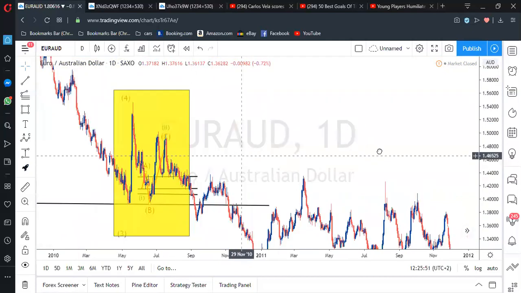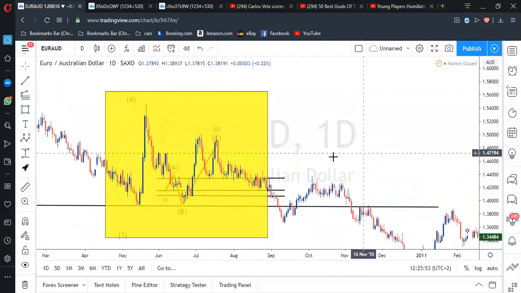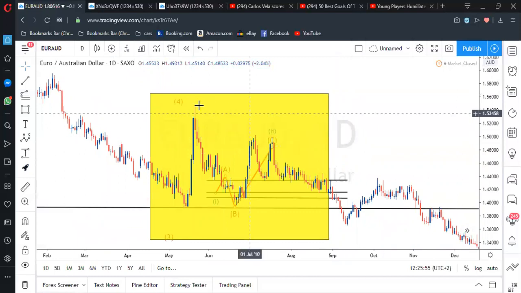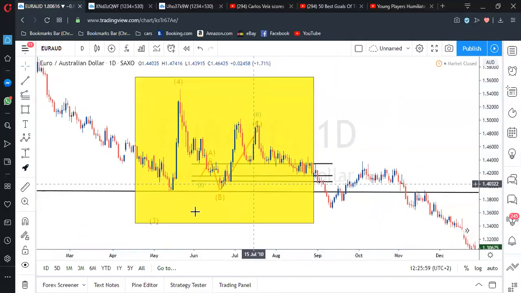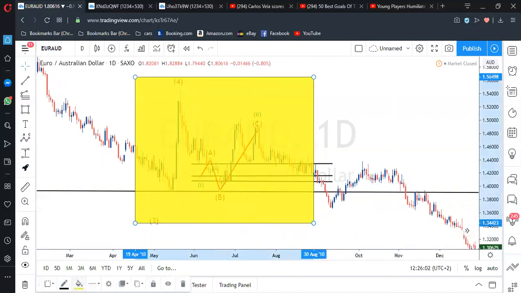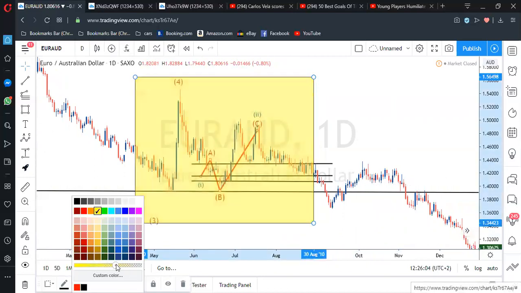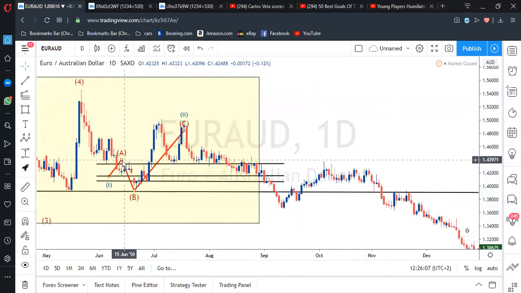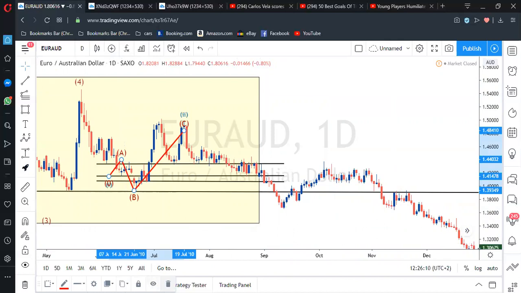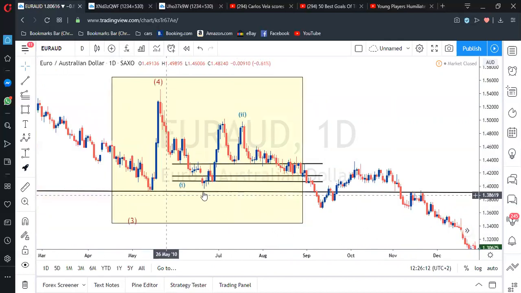Yes, here's the point. We are looking for this point here, right? Let's make it more faint so that we can see through that. And then let's remove this ABC so that we can see.